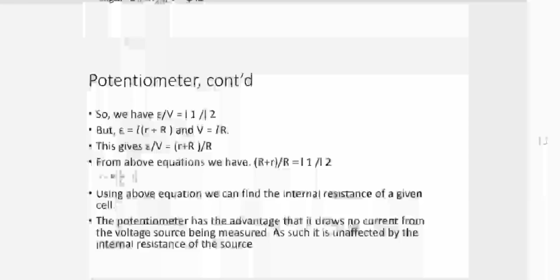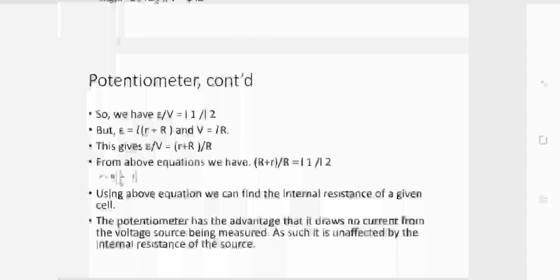And we know that epsilon equal to I into (r plus R). Small r is the internal resistance of the cell plus capital R, the resistance connected externally, that is the resistance of the resistor box, and V equal to IR, that is the potential difference across the resistor box. R is the resistance of that resistor box.